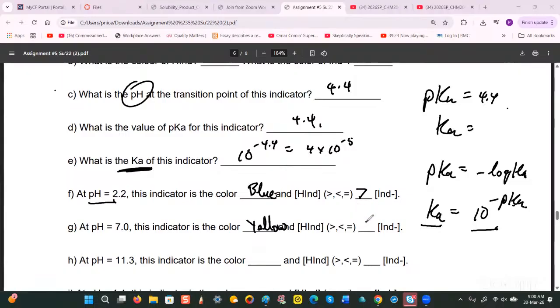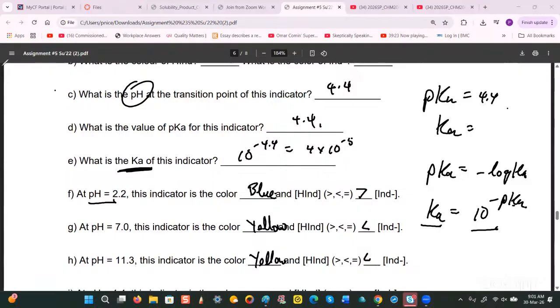Less than. Okay, very good. At pH 11.3, this indicator is the color what? Still yellow. Okay. And therefore, is the HIND concentration greater than, less than, or equal to IND minus? Less than. Okay, very good.